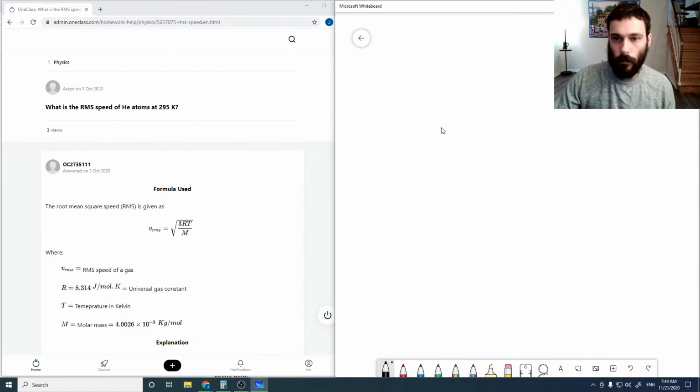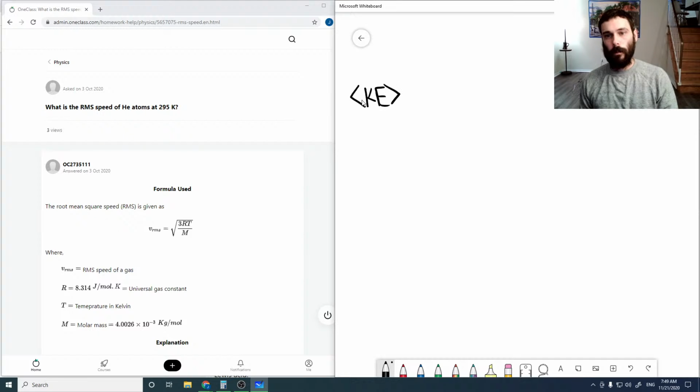Okay, so for helium atoms, what is the RMS speed at 295 Kelvin? Our RMS speed just comes from our relation that our average kinetic energy is 3/2 RT.